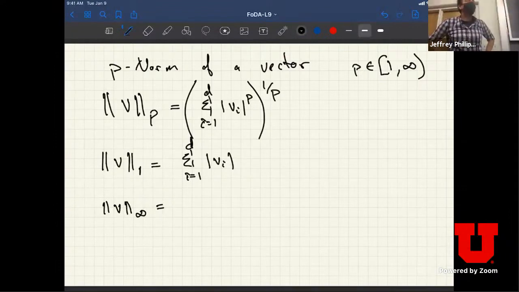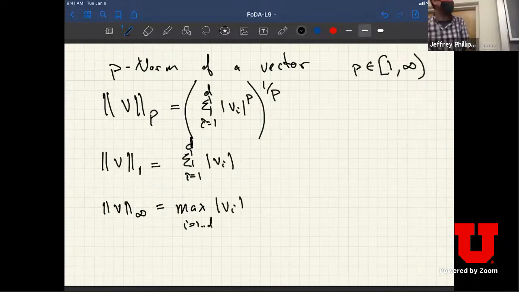But when I take it to the power 100, it really blows it up, and it makes some terms which are slightly bigger than other ones way bigger than those other ones. And that kind of dominates. And so this is actually going to be the max over i from 1 to D of the absolute values here.